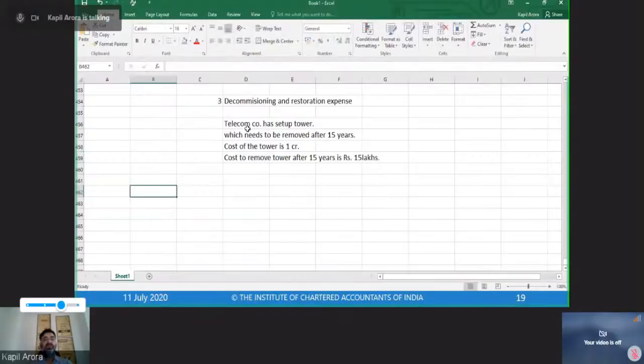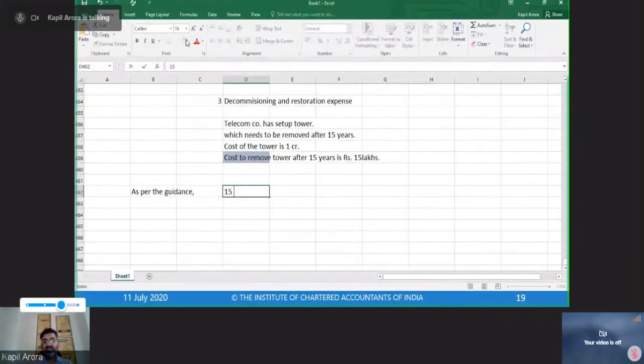Now, what to do with this amount? As per the guidance, this amount of 15 lakh will become part of the asset value.